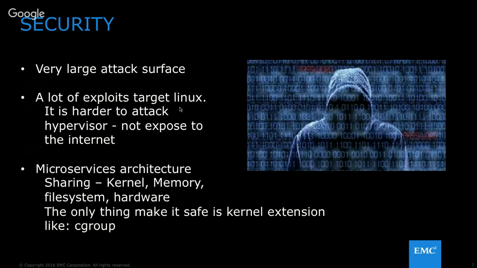And the other thing is that with the microservices architecture that we're doing today, we are sharing a lot of stuff. We're sharing kernel, memory, classes, hardware. And the only thing that basically makes it kind of safe is some kernel extension like cgroups. So it's very, very hard to predict.